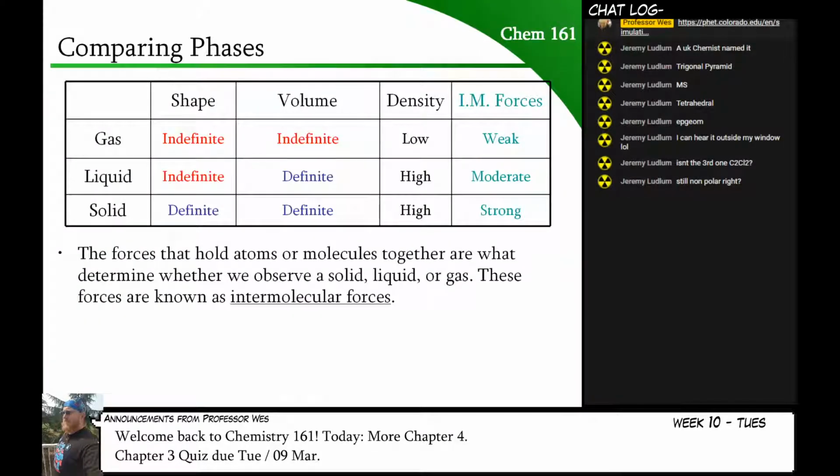These are not bonds. They are weaker than bonds, but they are significant enough that they can give molecules specific properties. For instance, if we look at molecules in the gas, liquid, and solid phase independently, in a gas, the particles are very, very far apart, and so the interactions between them would be very weak.